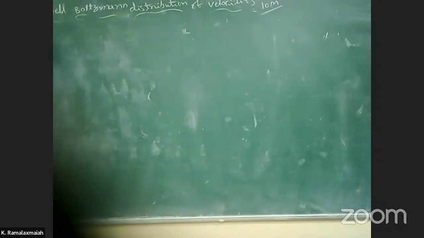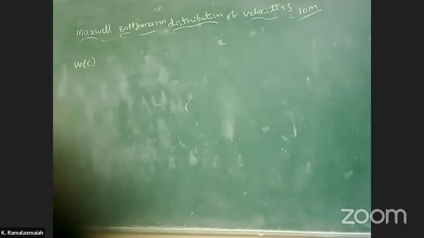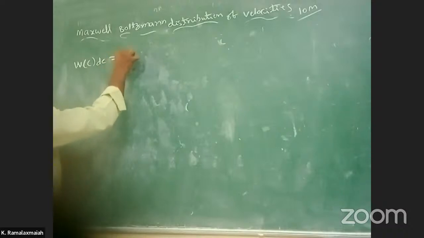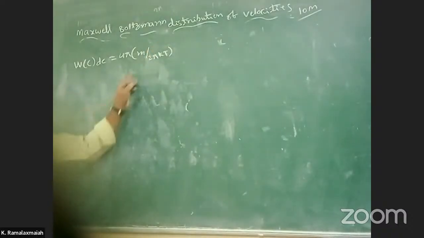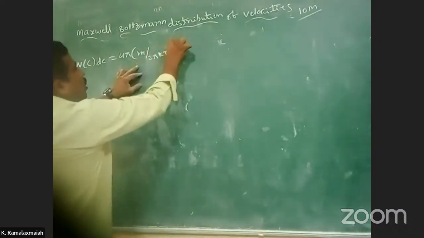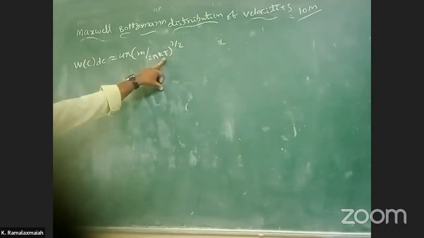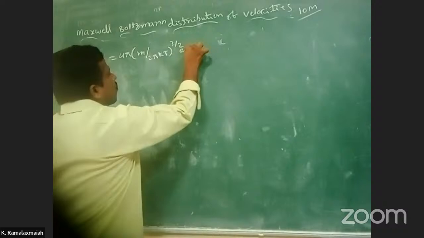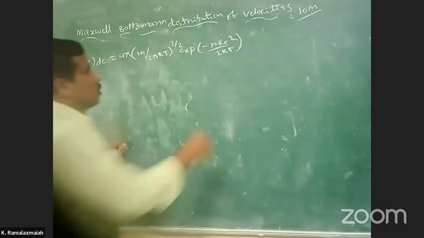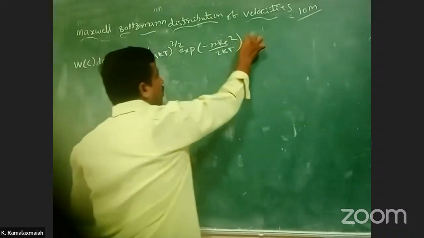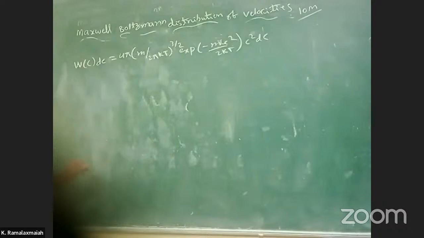So W(c) dc is equal to 4 pi (m by 2 pi kt) power of 3 by 2, exponential of minus mc square by 2 kt, c square dc.